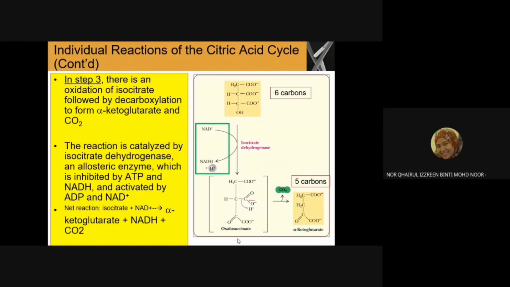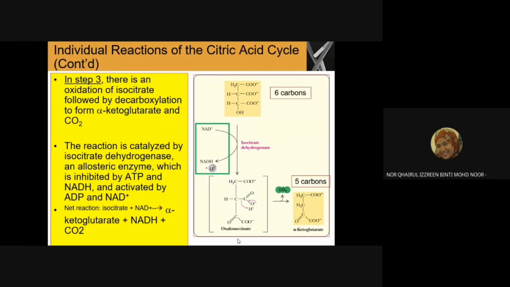Step number 3 also consists of two processes. In this step, there is oxidation of isocitrate followed by decarboxylation to form alpha ketoglutarate and carbon dioxide. Whenever carbon dioxide is released, we call it a decarboxylation reaction. The first reaction involves the abstraction of a pair of high energy electrons to form the high energy intermediate oxalosuccinate.